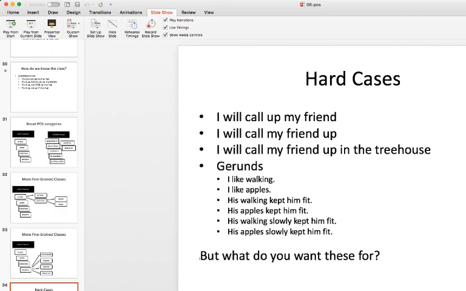His apples slowly kept him fit. So for me, those are both okay too. But the structure of those two sentences is different. So slowly in the first sentence is modifying walking, and in the second sentence is modifying kept.